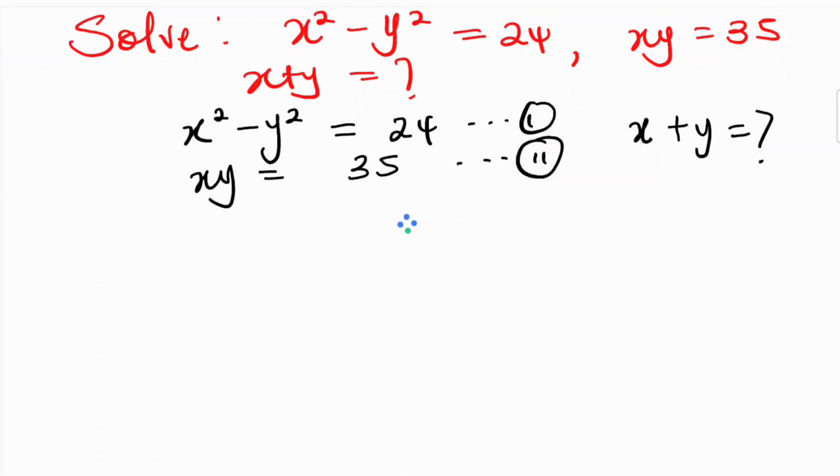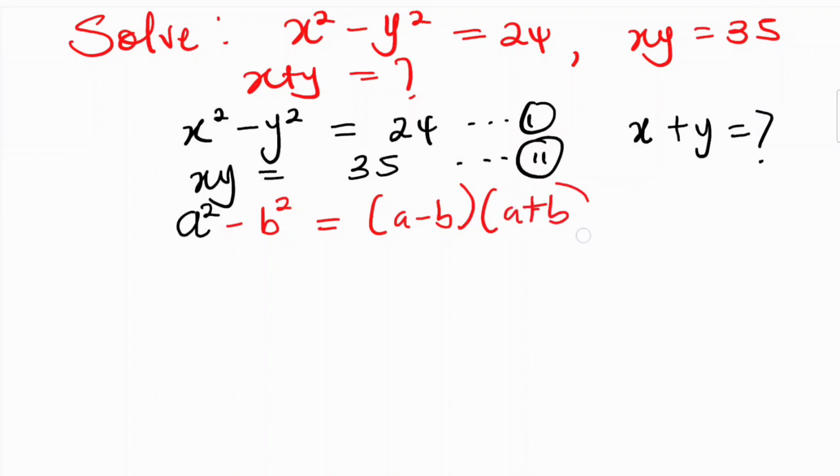The difference of two squares says that a squared minus b squared is the same thing as a minus b into a plus b. This is clearly a difference of two squares, so we can write equation 1 in terms of that.